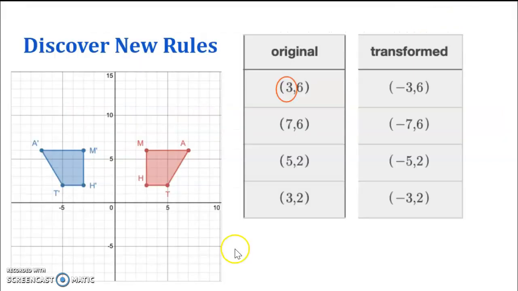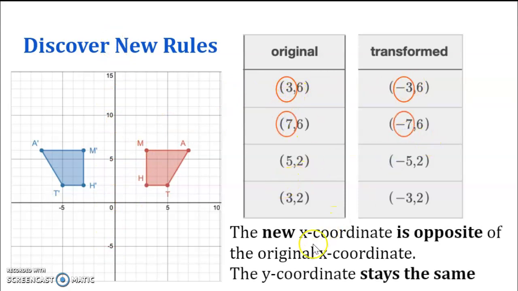So summarizing the reflection rule across the y-axis, notice that the x-coordinates are the only ones that change to their negative version. The new x-coordinate is the opposite of the original x-coordinate, while the y-coordinate stayed the same, there was no change. That's what happens when you're reflecting across the y-axis. You might think that the y coordinate would change, but it's actually the opposite, isn't it?